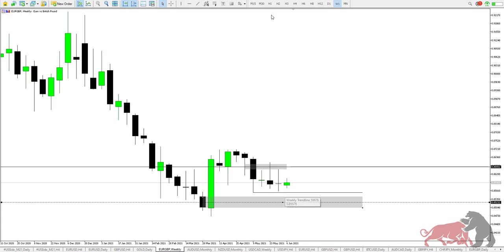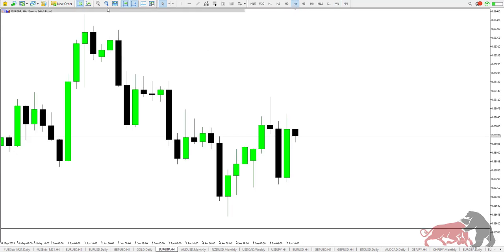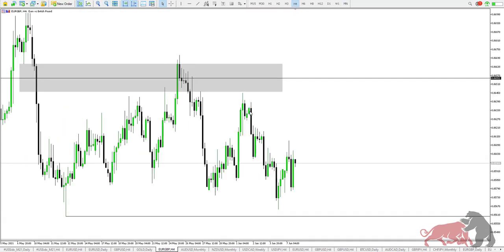So that's the target to the downside on Euro GBP, with your short entries inside this bearish order block. You can see we had a fair value gap here which was nicely closed, and then market rallied. We still have another open fair value gap here, the liquidity void.